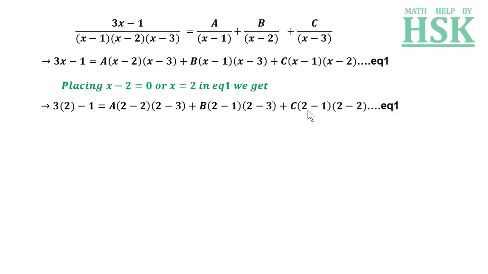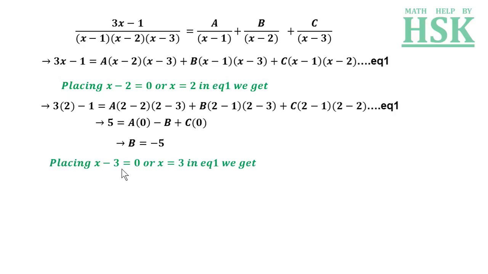This is going to become (2 minus 1)(2 minus 2), so this 2 minus 2 is going to make this term equal to 0. So this will be 5 is equal to a into 0 minus b plus c into 0. You can see here 2 minus 1 is 1, 2 minus 3 is minus 1, so I'm going to get here minus b. So this gives me b is equal to minus 5.